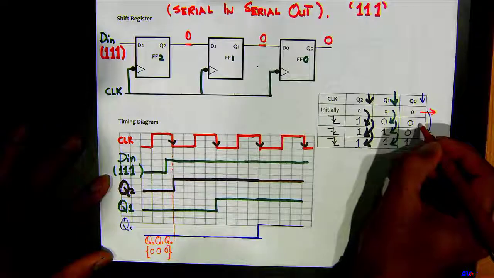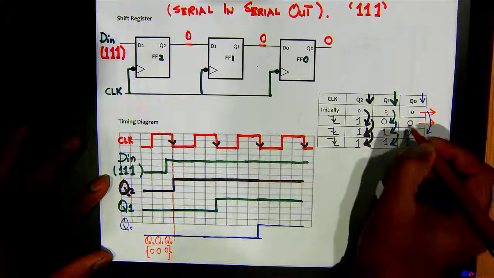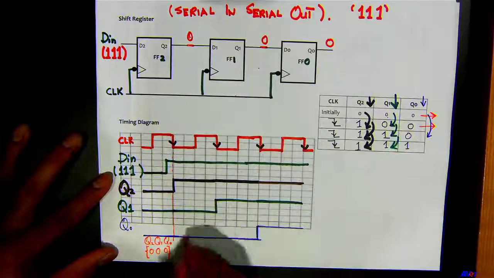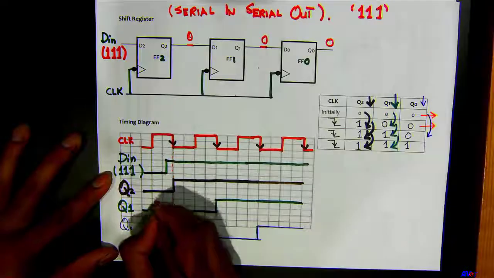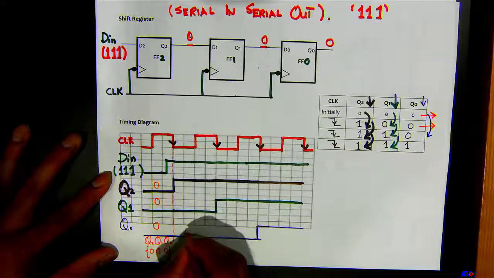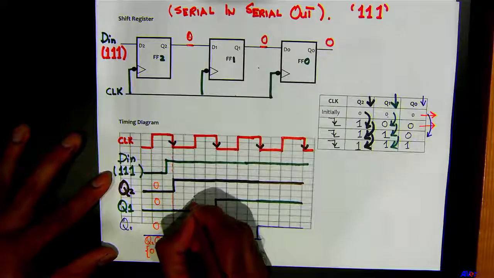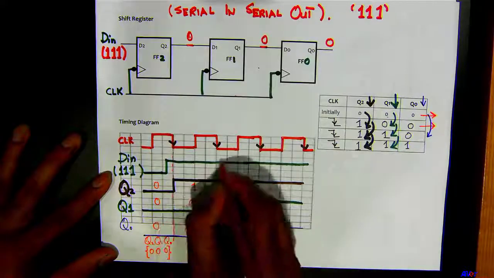And then when the next negative edge of the clock arrives, it goes to 0, 0, 1. So this is all 0, 0, 0. This is 0, 0, 1.